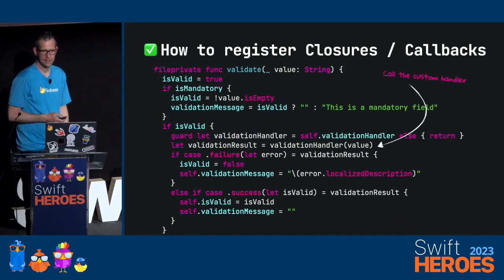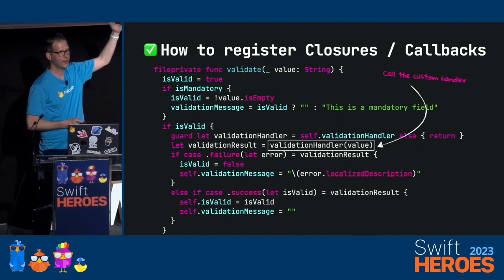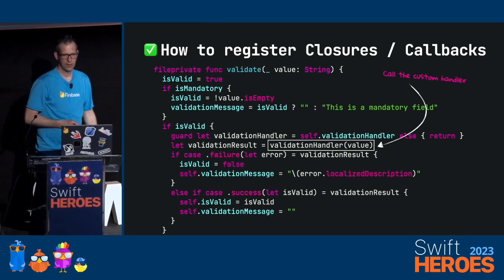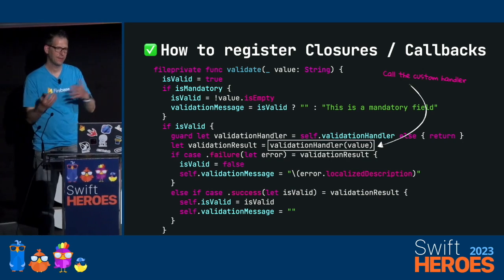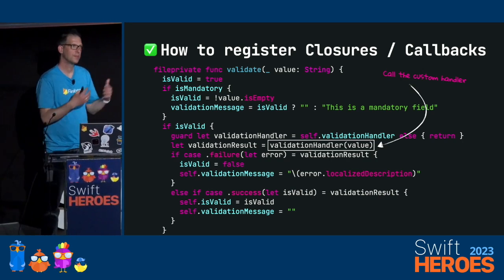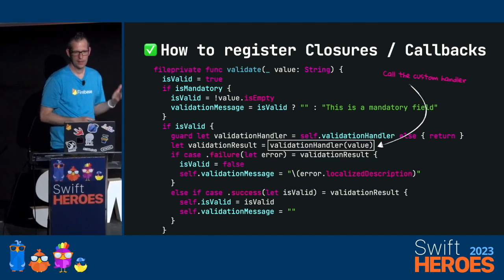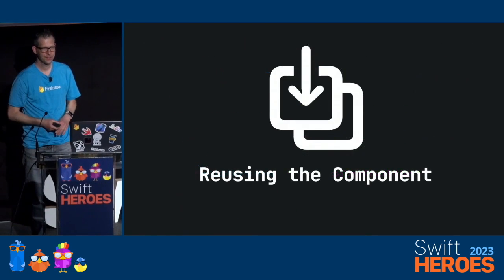And then this is how we can call it in our code. Inside the validate function, we will call this validation handler if it's present, and then we will decide if there is a failure and update our error message display accordingly. And that is how we do the custom validation.